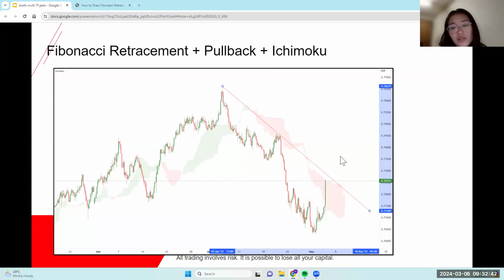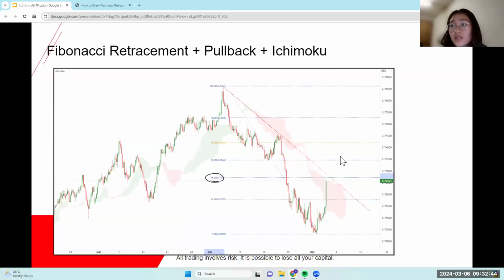You can see over here we don't have that. So we're expecting price to bounce off of the trend line again. We also have this Fibonacci retracement from the swing high to the swing low, and our 38.2 lines up at the area where we're expecting price to bounce off of.